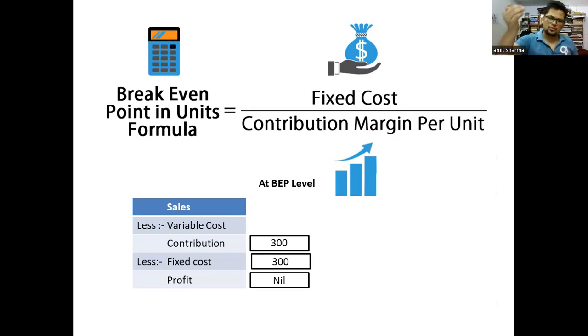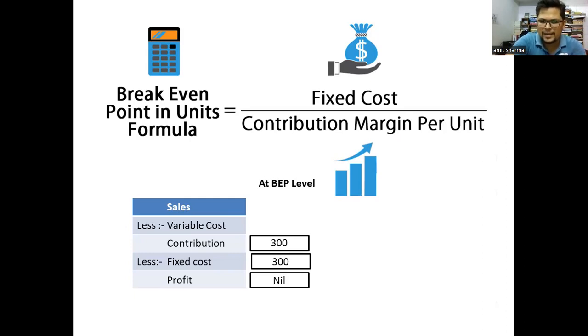If the contribution is less than the fixed cost, then the result will come out in the form of loss. So it is mandatory that at break-even point level, the contribution must be equal to the fixed cost.